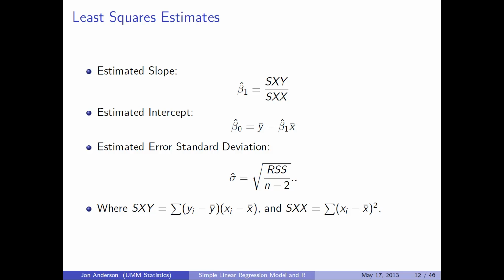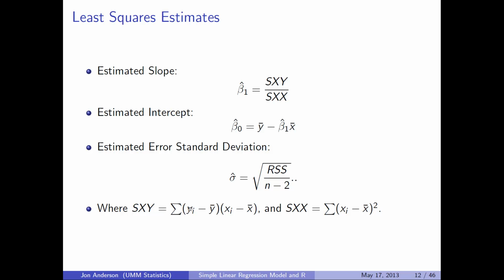And the third bullet tells us, if we want to estimate the variation above and below the data generating mean function, sigma, the random error variation, here's an estimate of that as well. And the fourth bullet tells you the computing expressions for these things.